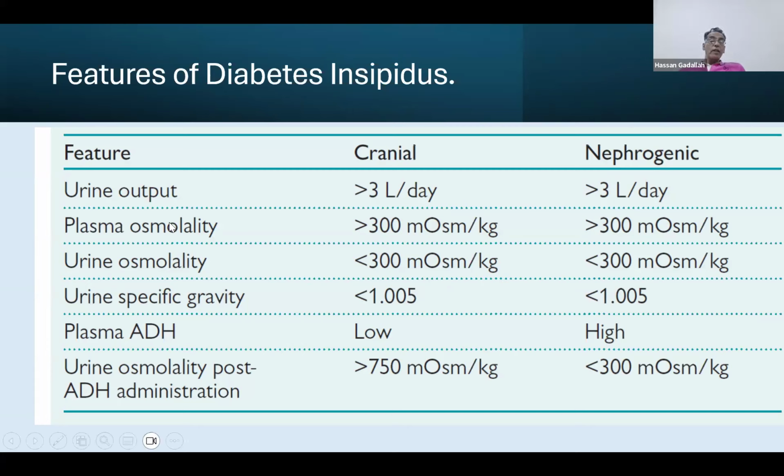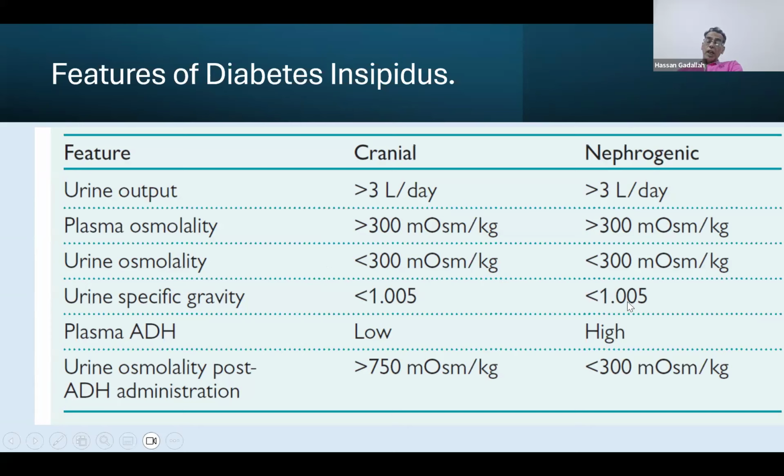And the plasma osmolarity, usually it's more than 300 milliosmol per kg in both types. And of course, it might go much higher than this if there is limited supply of water. For the urine osmolarity, usually it's a dilute urine because the kidney is losing free water, leading to increased serum osmolarity. So they are similar in this also.